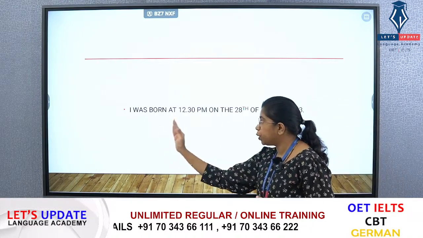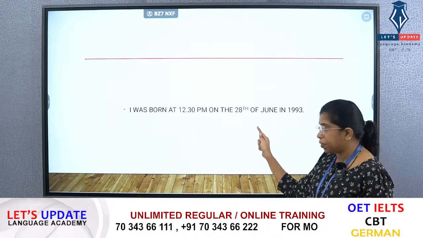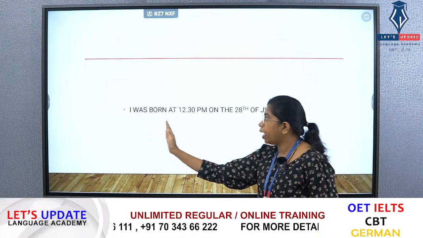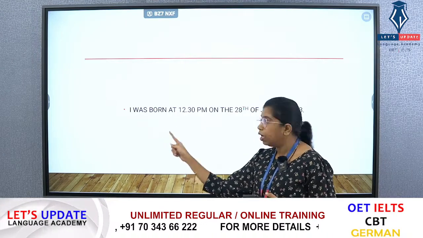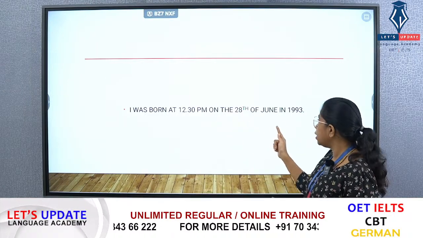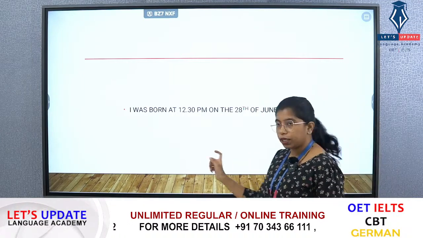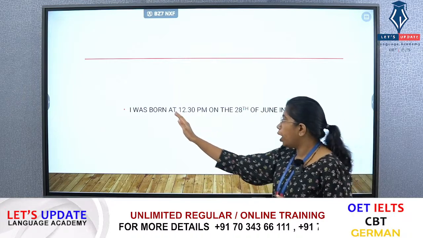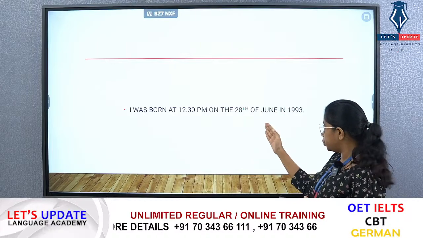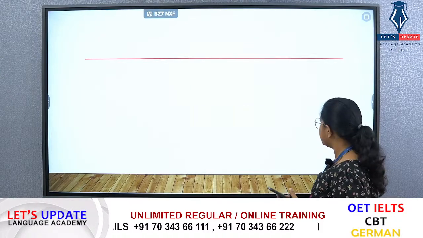I was born at 12:30 p.m., to say an exact time I used at; on the 28th of June, that's a particular date, so I used on; and I used in before the year. So I think you're aware of this. I hope it is clear.